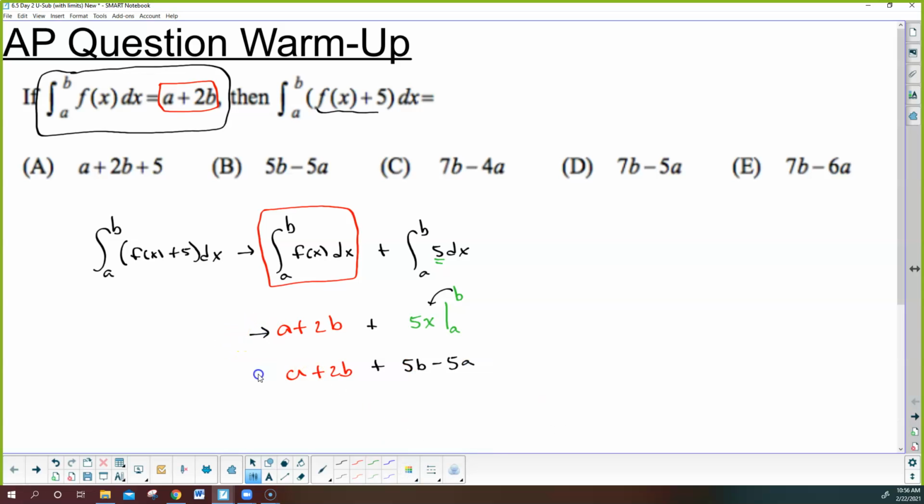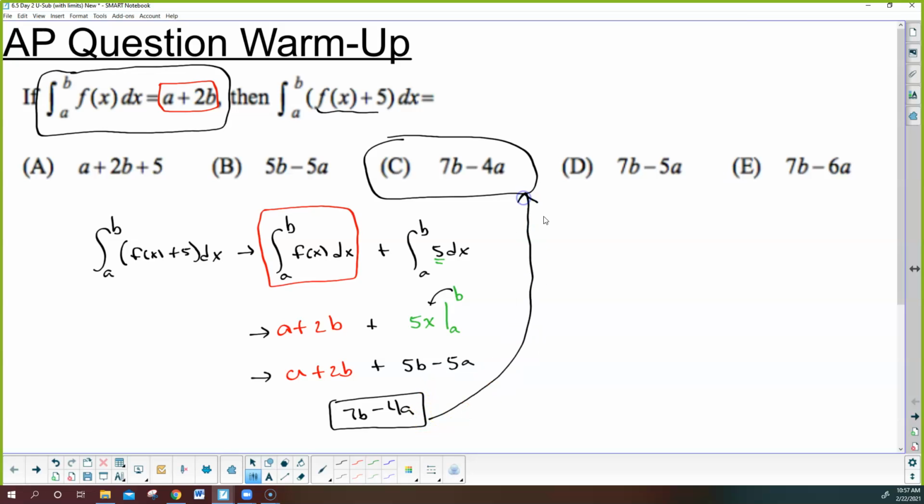And my sum is just combining like terms now. So I've got my a minus 5a. So that's going to be negative 4a. And then I've got 2b plus 5b, so that's 7b. And then answer C is the answer that we need.